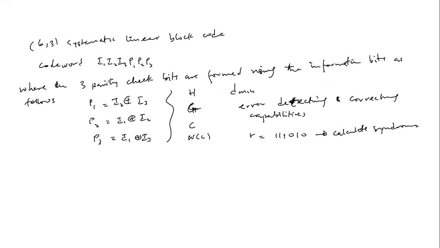Now, since we have this, it's a 6 by 3 code, and P here is formed using this, which is P1, P2, P3. And now the message bits will give 2 to the power of K, which is 2 to the power of 3, which is 8.